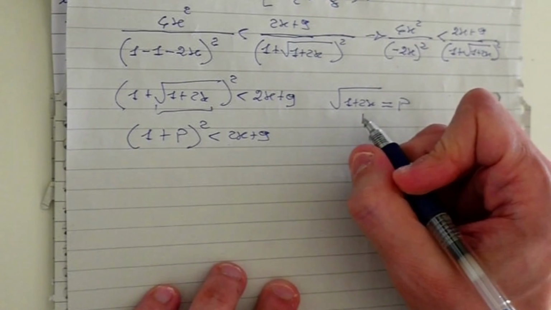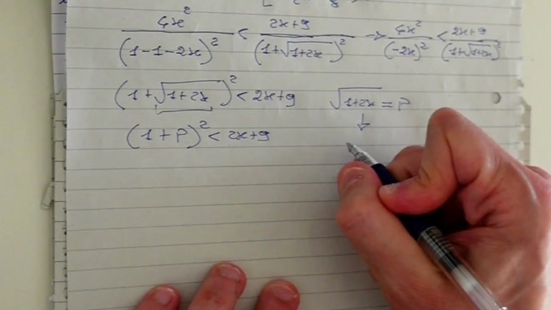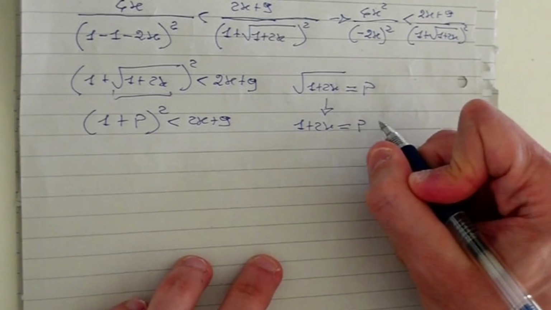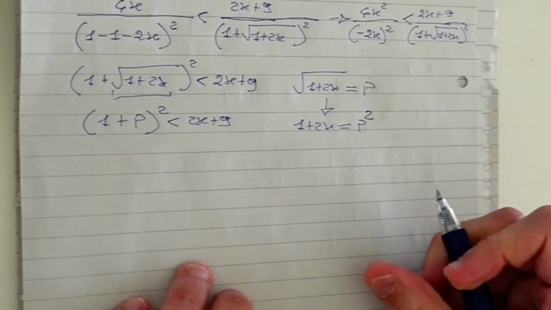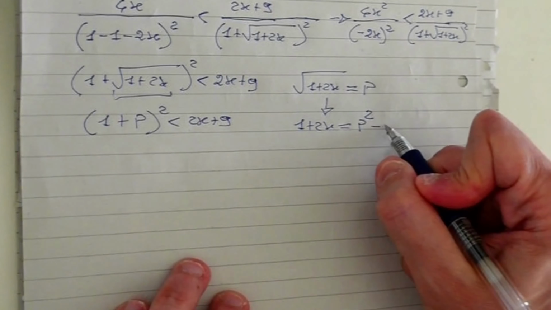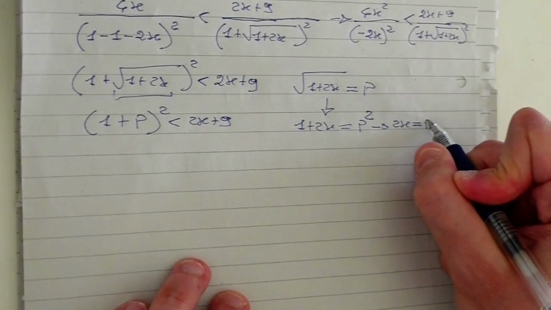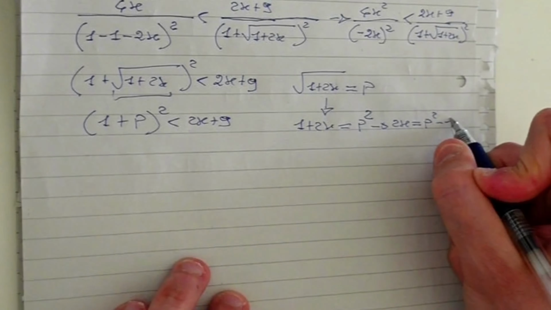This implies that if we square the square root of 1 plus 2x, obviously p squared. And here, this leads to 2x equal p squared minus 1.